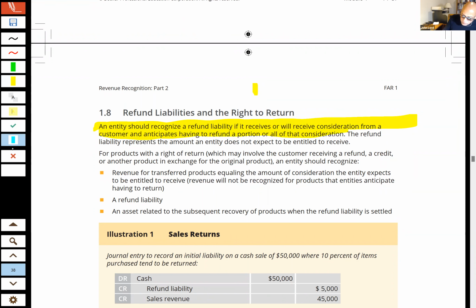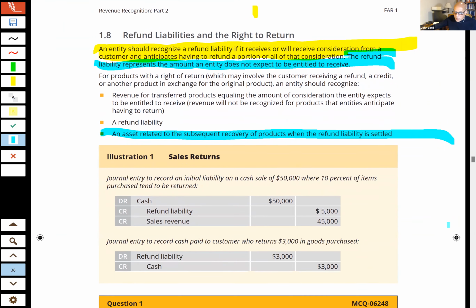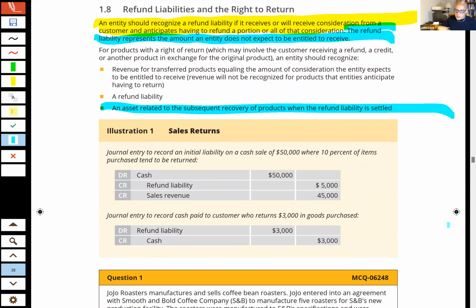The refund is a liability and represents an amount that the entity does not expect to be entitled to receive. Also, although we don't show it in this example, an asset related to the subsequent recovery of the product will also be recognized, because if it's a refund, they're also going to give you the product back, but they didn't mention that in this example on the sales return.